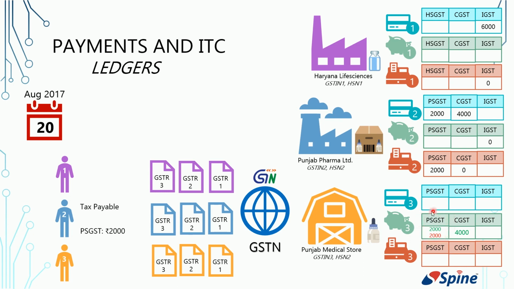It now has 2,000 of provisional, and 2,000 rupees of eligible ITC in its SGST head. Finally, when Punjab Pharma pays off its liability of 2,000 rupees, the cash ledger gets credited with another 2,000 rupees, making a total of 4,000 rupees, and the liability reduces to zero. And Punjab Medical Store gets all its eligible ITC, as shown.